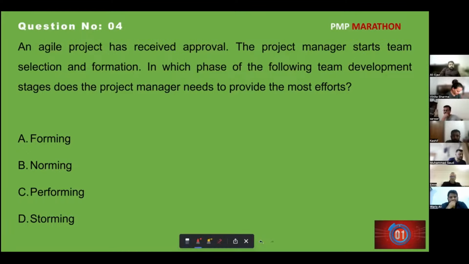Stop here. Explain storming more. Storming is where the team members are not in agreement on how to proceed with the project. So what does the project manager do in storming? He doesn't do anything. He lets the team members decide.